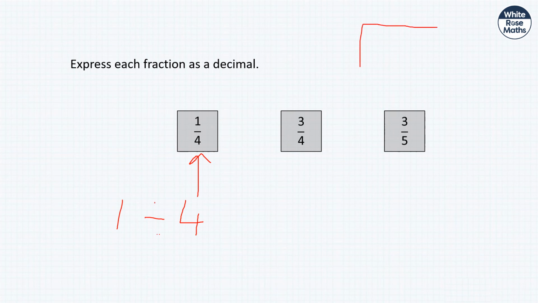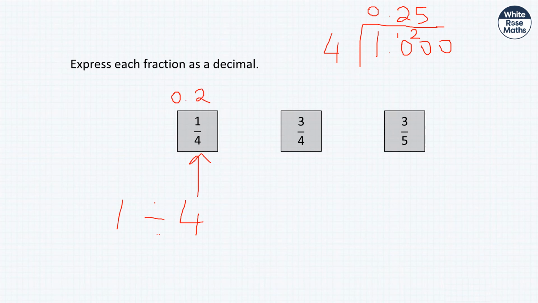I'm going to put a decimal point and some zeros. 4 into 1 I cannot do, so I'm going to put a 0 and carry this 1 into the next section. 4s into 10 go twice, with 2 left over. 4s into 20 go 5 times. So 1/4 as a decimal is 0.25.